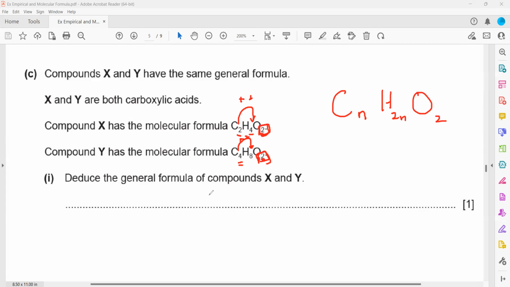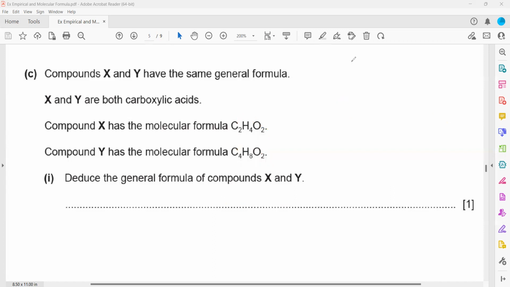So we write the general formula as CnH2nO2. Why O2? It shows that the oxygen number remains 2, independent of the number of carbon and hydrogen. It is not even double, not triple.